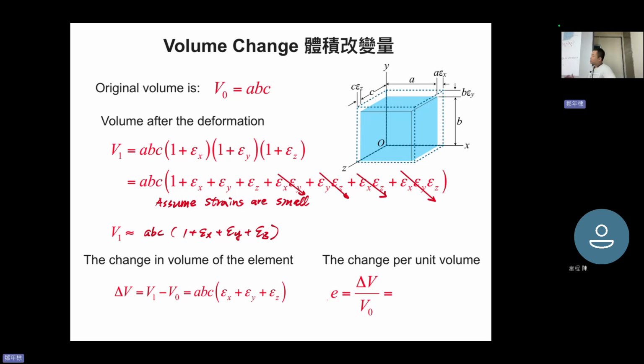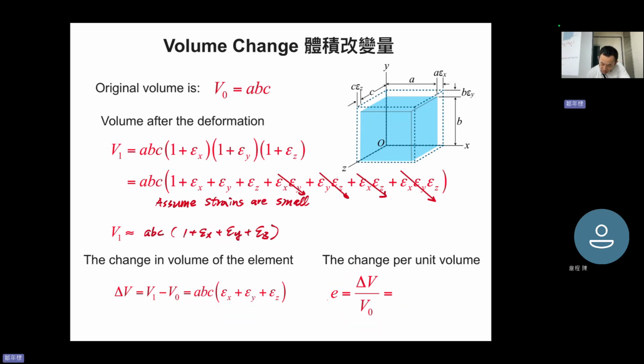Then you can see that the change in the volume of the element, V1 minus V0, equals ABC times epsilon x plus epsilon y plus epsilon z. And then the change per unit volume is actually this divided by V0.